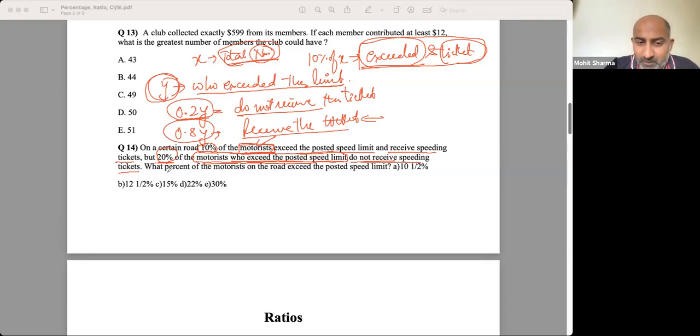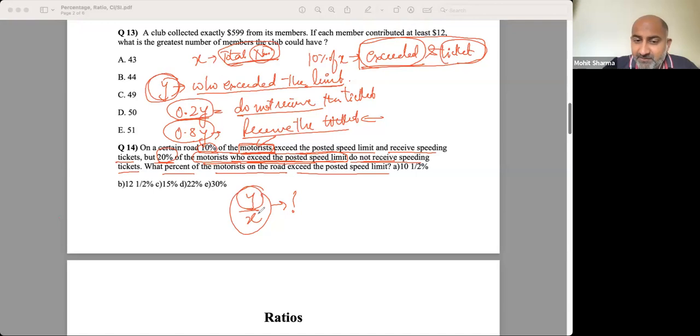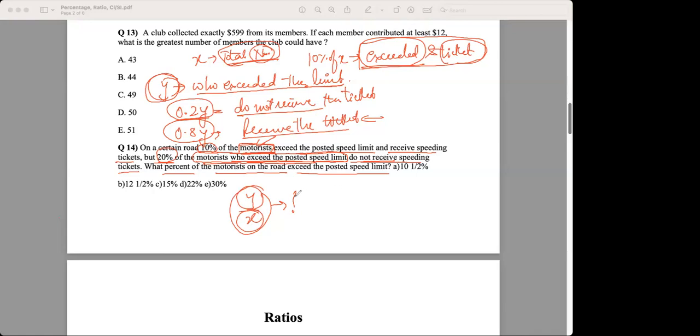What we need is what percent of the motorists on the road exceed the posted speed limit. The people who exceeded the speed limit is what percentage of total? Y upon X is the only thing I need.